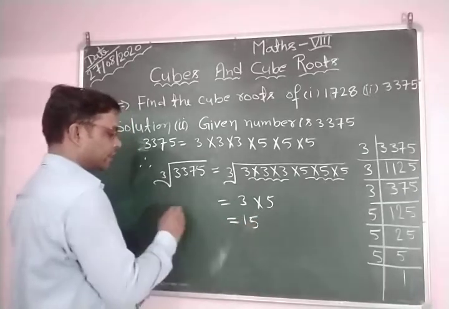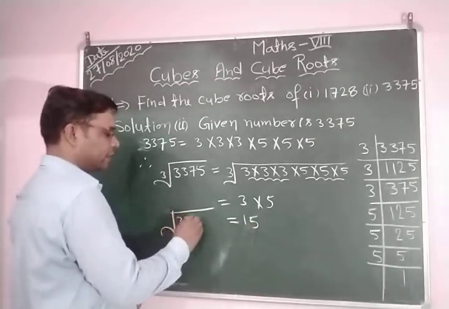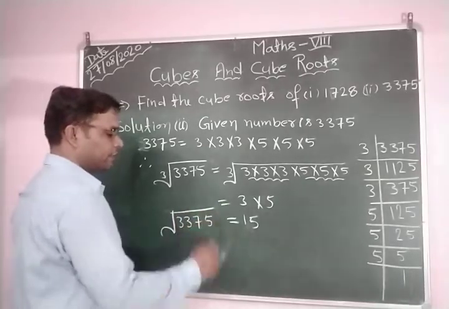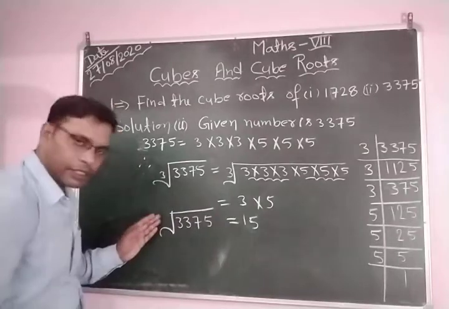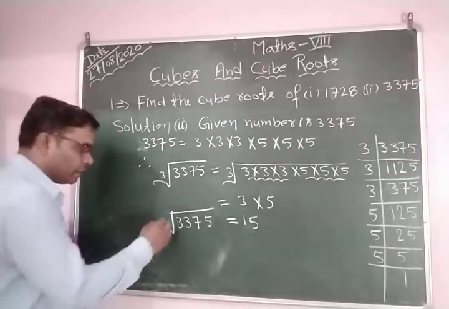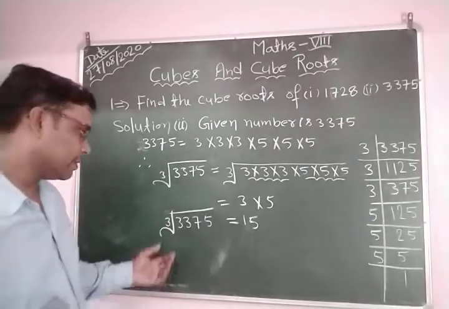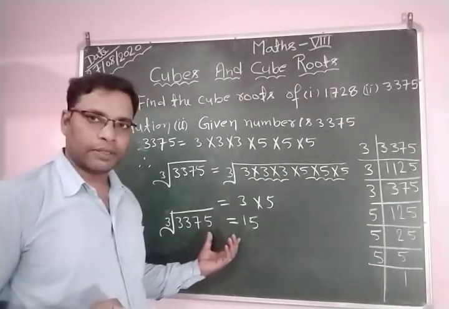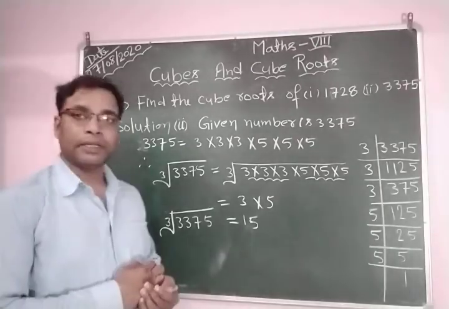In this way you can say the cube root of 3375 is 15. Okay, when you write here 3, then it becomes cube root. This is the right method to find the cube root of any given number.